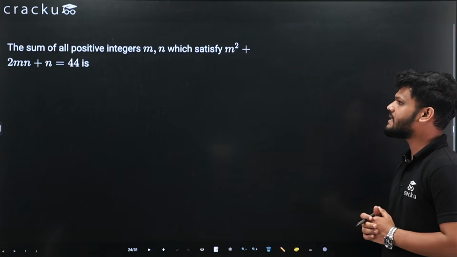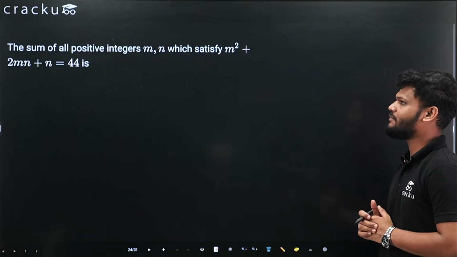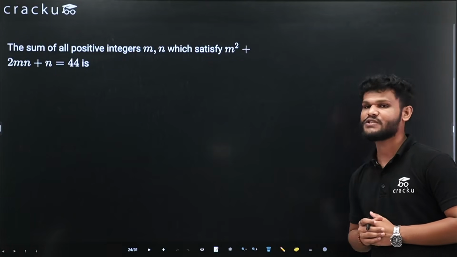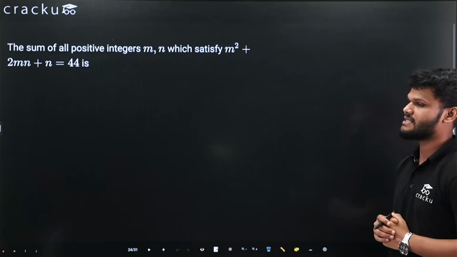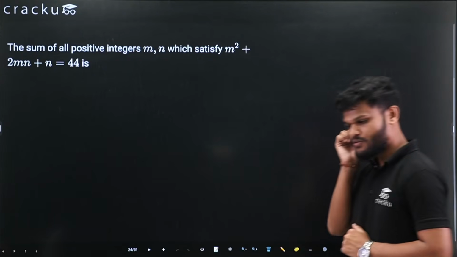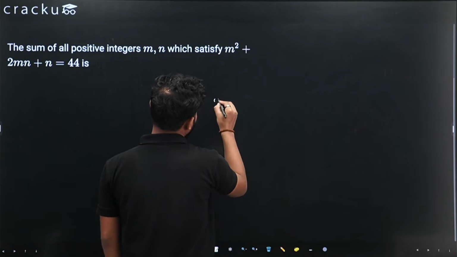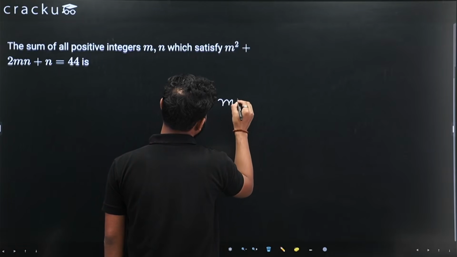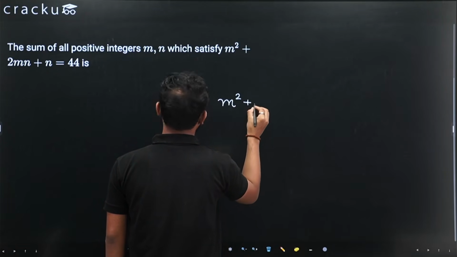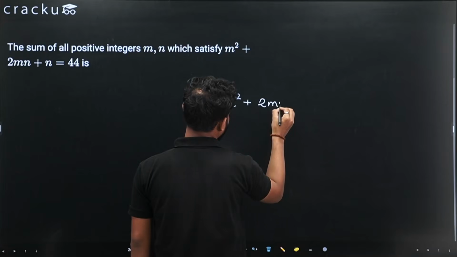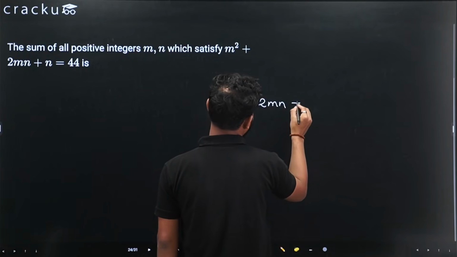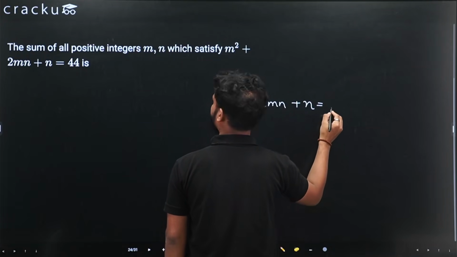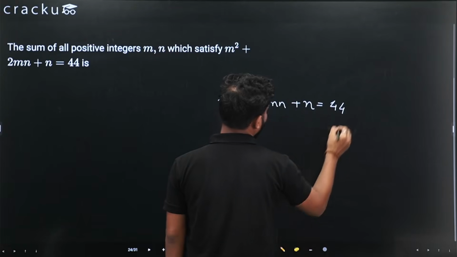It is given: the sum of all positive integers m, n which satisfy m square plus 2mn plus n is equal to 44 is what? It is given that m square plus 2mn plus n is equal to 44.